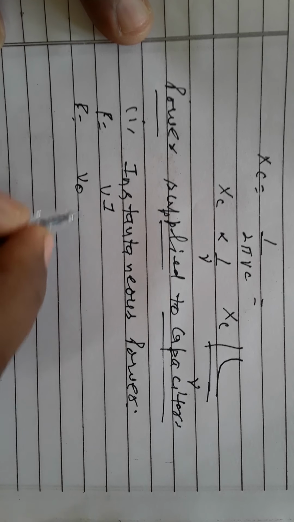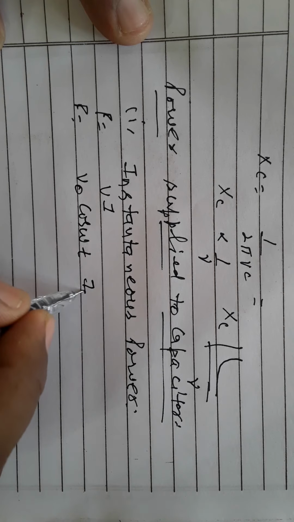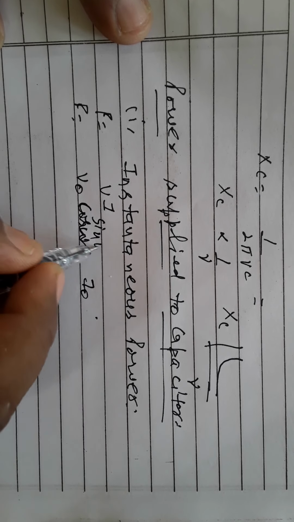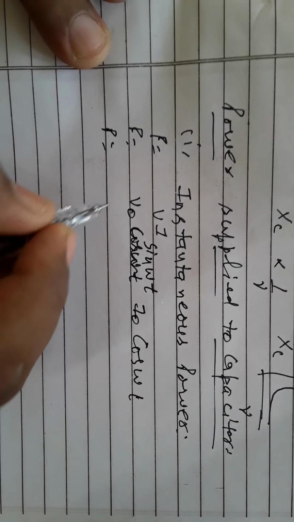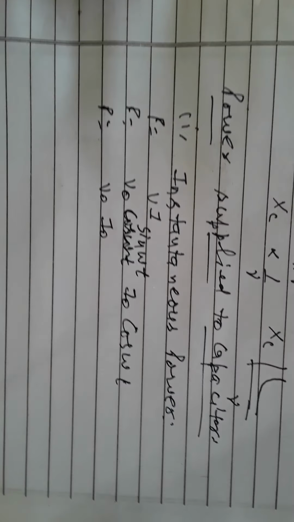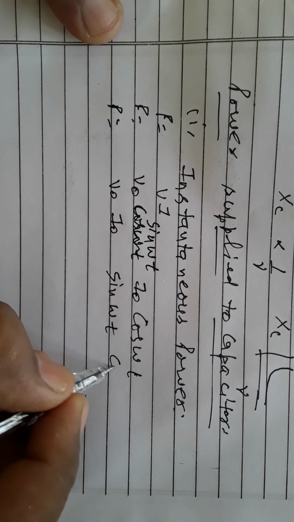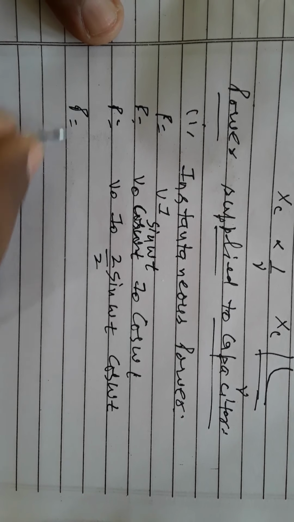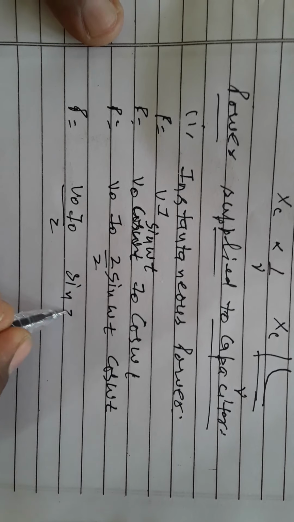According to equation number first, V is V naught sin omega t, and I we have found is I naught cos omega t. We can write here V naught I naught sin omega t cos omega t. Multiply and divide by 2.